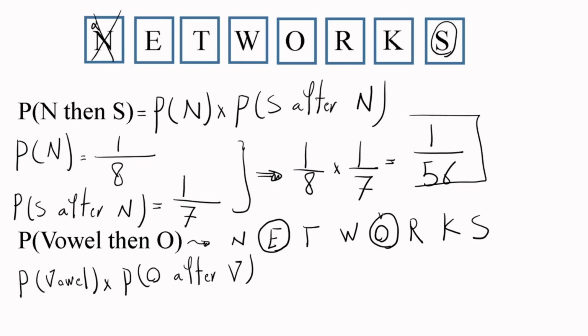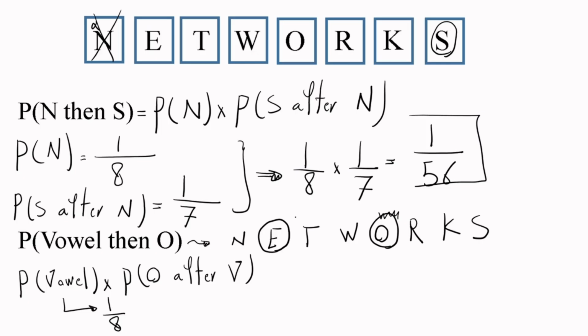I cannot consider O. Why? Because I need O for the second probability. Did you get that? Yes, O is a vowel, and if it was a normal question, I would consider two favorable outcomes for the vowel. But because I need O for the second probability, I'm not going to consider that as a favorable outcome for the vowel. So P of vowel is going to be 1, which is only E, over 8.